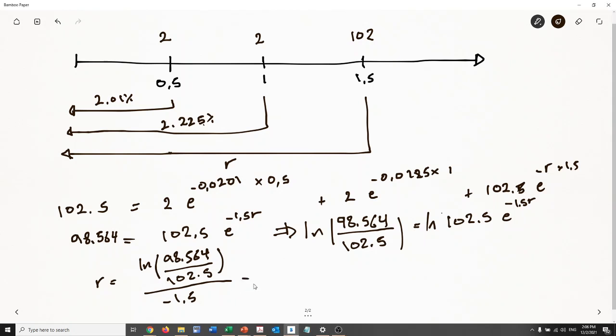This will lead us to a zero rate with maturity of 1.5 years equal to 2.284%.